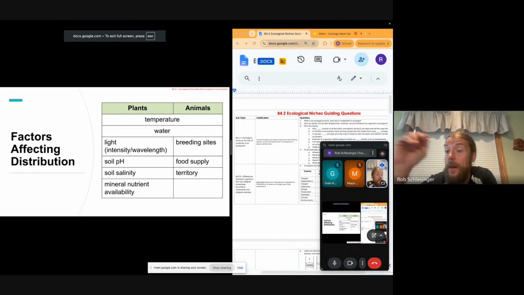And the big ones are obviously, again, temperature and precipitation. But then light is another one, especially for plants. And we know that plants make up the bottom of that food pyramid, and so indirectly, light also impacts animals. Do you remember the term for how direct or indirect light is quantified or measured?